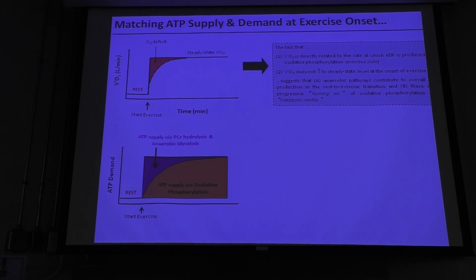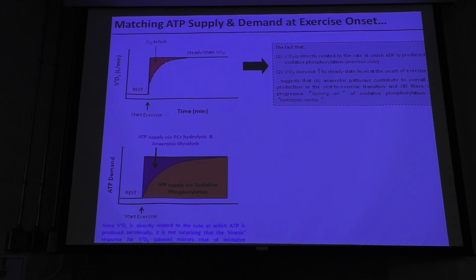You get a big rush of inorganic phosphate and hydrogen ion just by trying to support a muscular demand in the rest exercise transition. That muscle is a little bit more pooched than it would be. It's basically starting from a worse starting position than it would otherwise be. So trying to have a small oxygen deficit as an indication of activation of oxidative phosphorylation would be a goal of, say, training, for example.